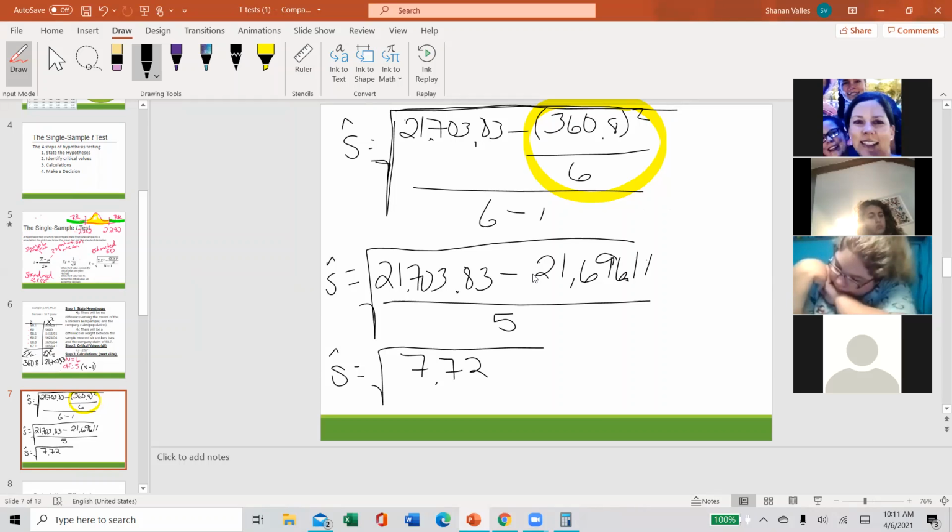All of those big numbers for that. So the difference between our two big numbers up here is 7.72, and that's all going to be over 5.